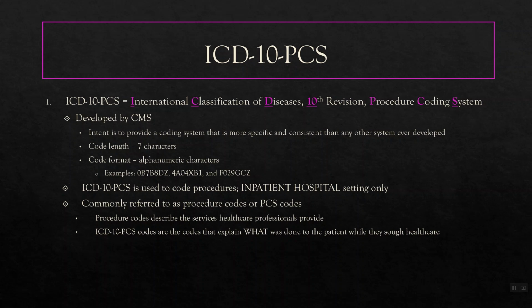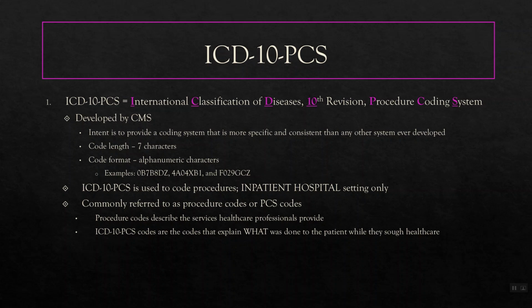So when we're telling the story of the patient, we know ICD-10-CM codes are the why, but ICD-10-PCS codes are the what. So this explains what happens to the patient while they sought healthcare. What services did the provider provide to the patient? So now we have a why and a what. So you can see that the story is starting to come together.